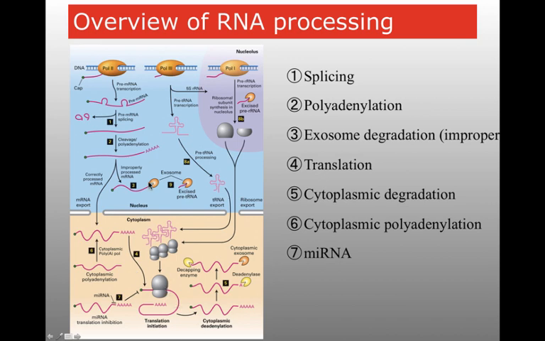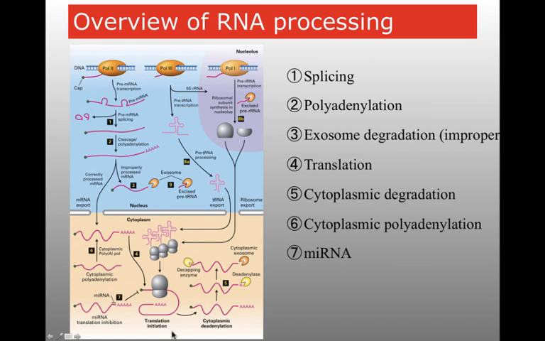There are many places where you can get regulation. Here, splicing hasn't happened properly, polyadenylation hasn't happened properly. You chew up the RNA before it even has a chance to get outside of the cell. And then you also have regulation here of these already made messenger RNAs through microRNAs and some other processes.